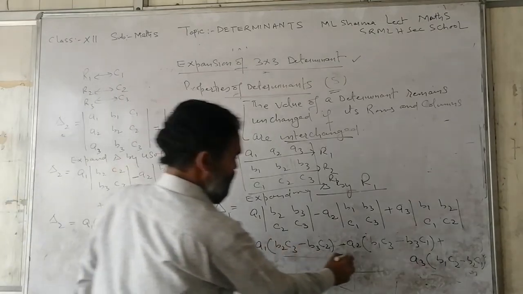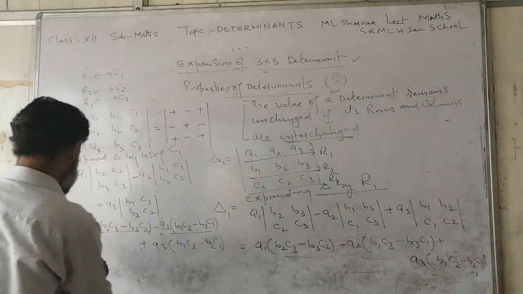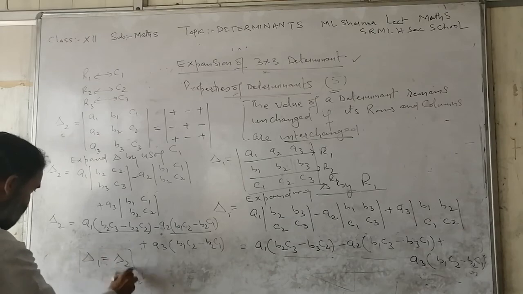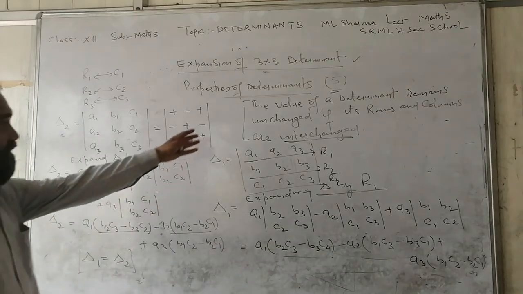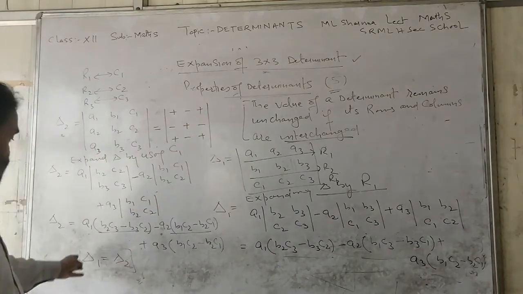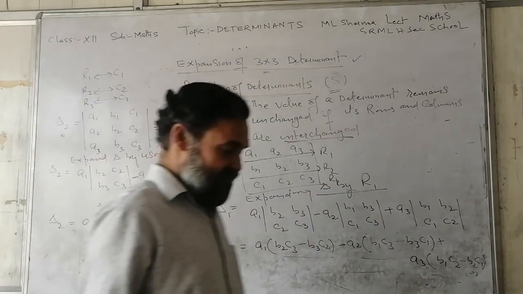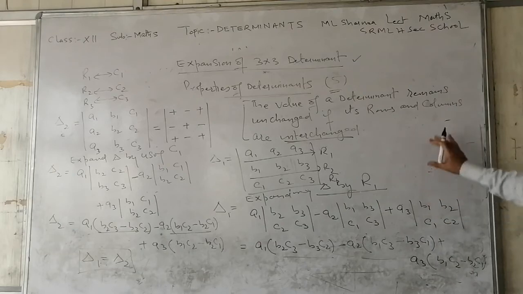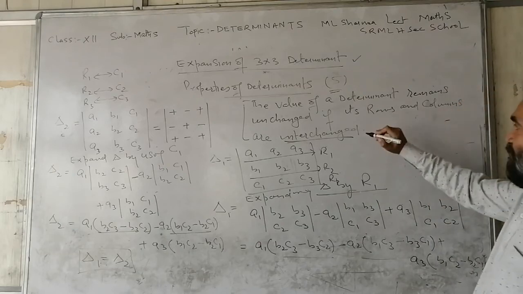These values correspond, that means delta 1 equals delta 2. This verifies this property: if we interchange rows into columns or columns into rows, the value of the determinant remains unchanged.